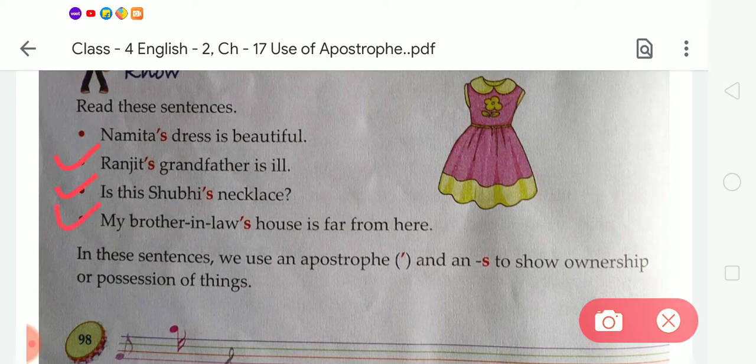My mother-in-law's house is far from here. In these sentences, we use an apostrophe and an s to show ownership or possession of things.